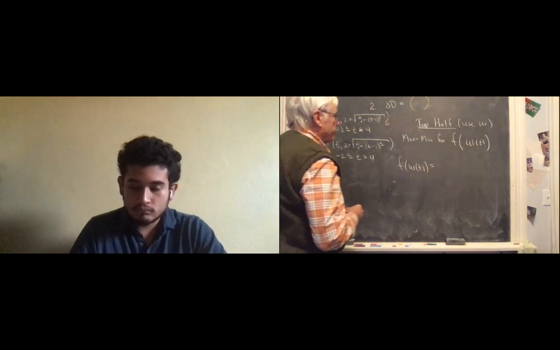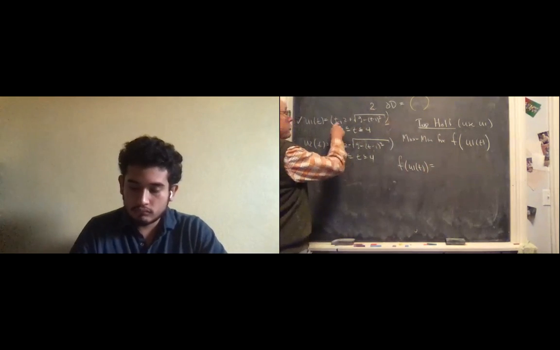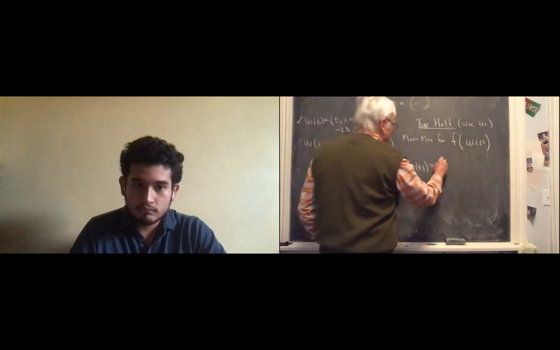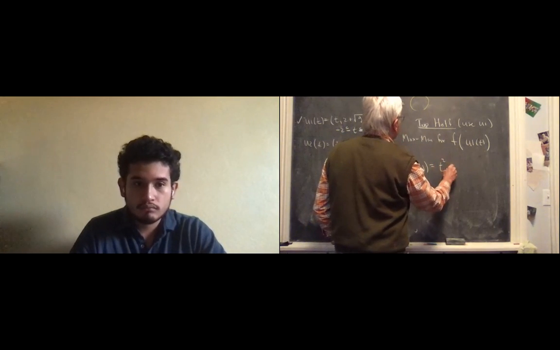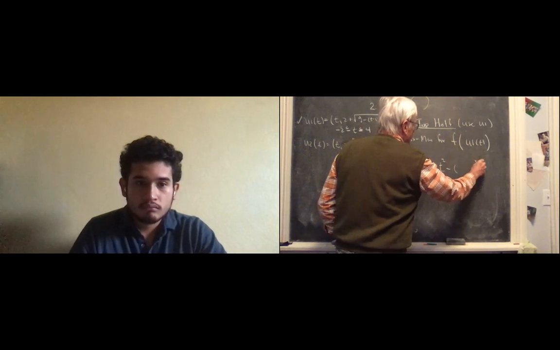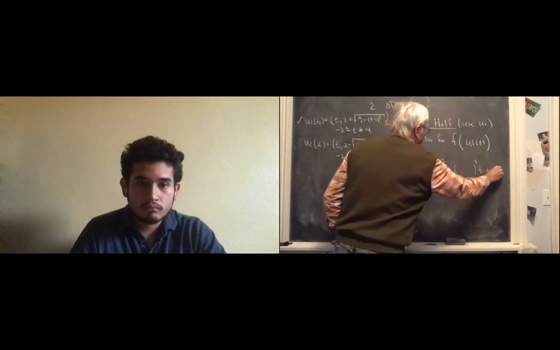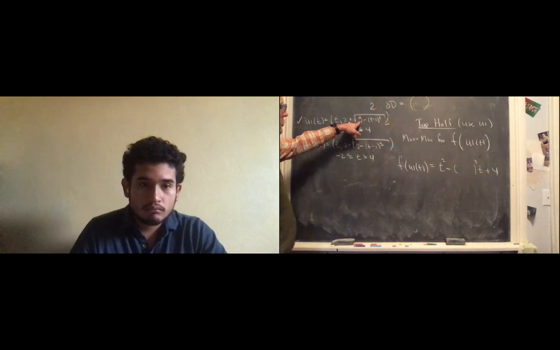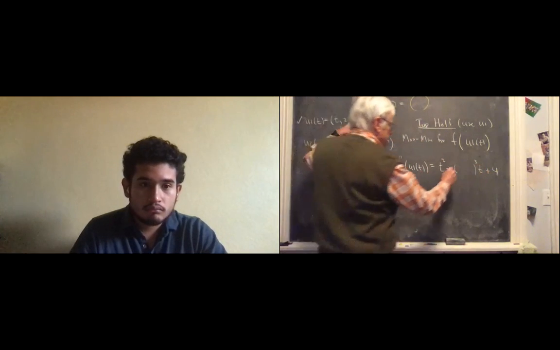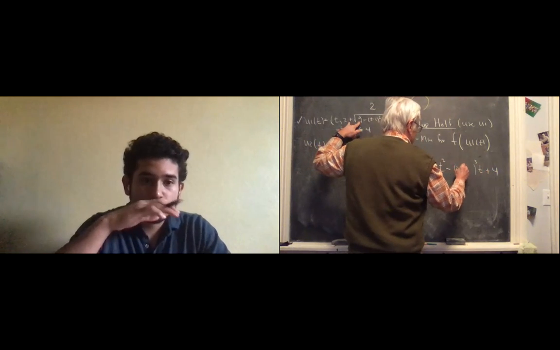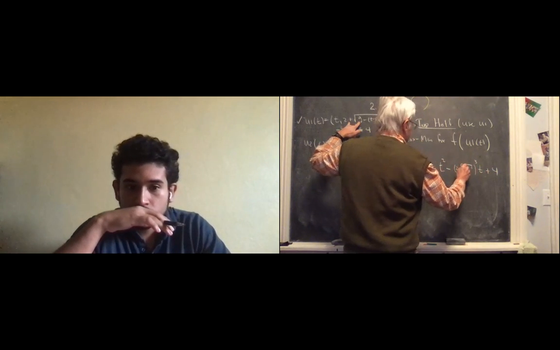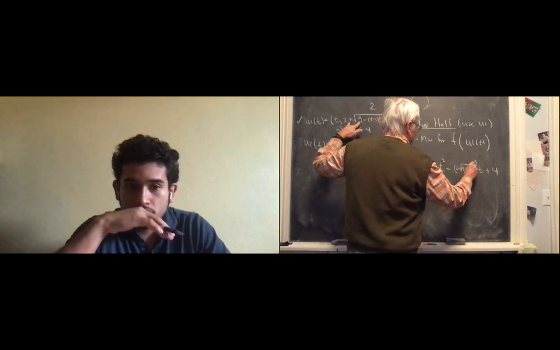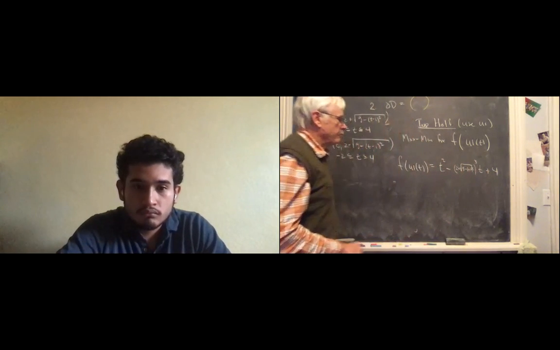And f of u1 of t is, well, the x value is just t, so that's easy. t squared minus y cubed, t plus 4. And the y value is this, 2 plus the square root of 9 minus (t minus 1) squared.